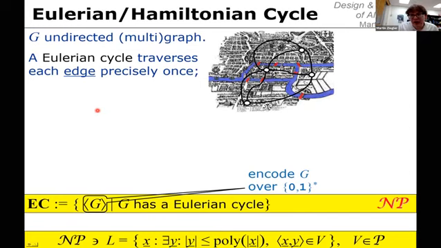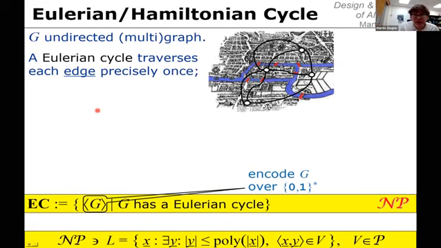So if we have a graph of n vertices, then specifying the number of one vertex takes roughly log n bits, right? If there are n vertices, then the numbers range from 1 to n, and therefore the length of the binary codes of these numbers is up to log n.